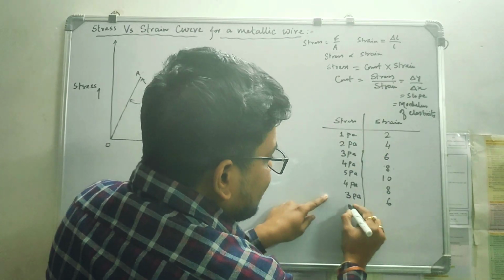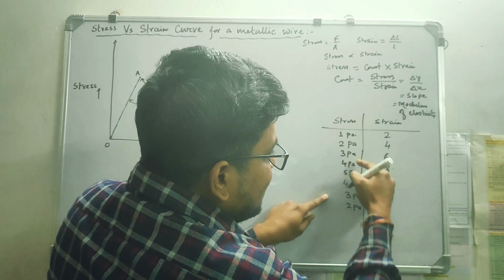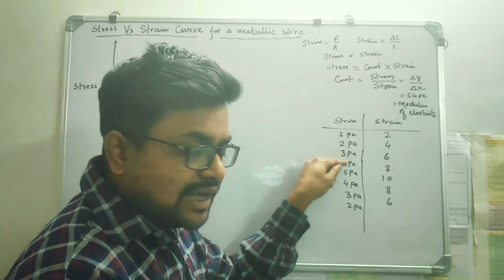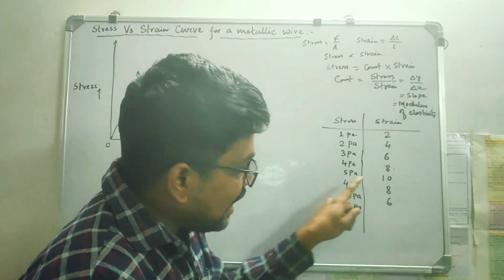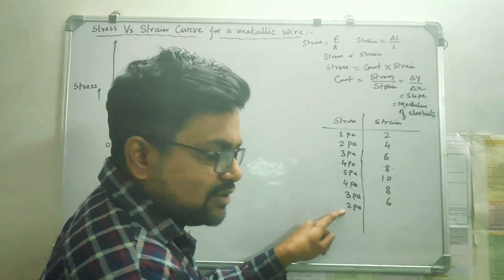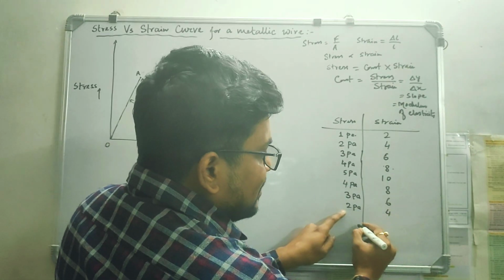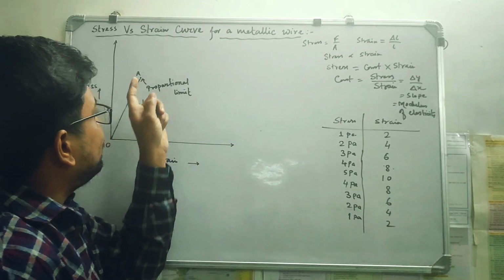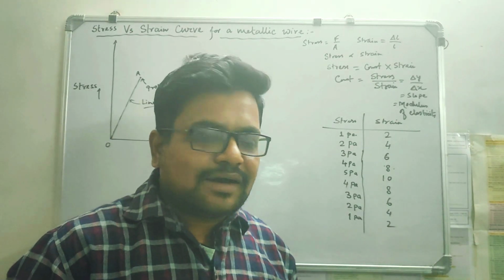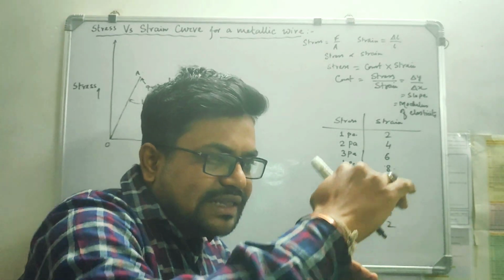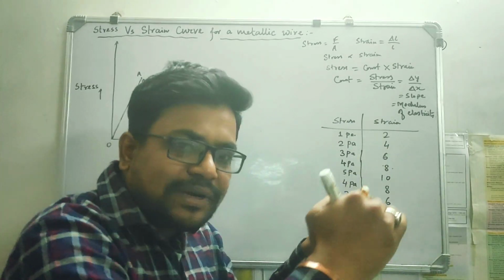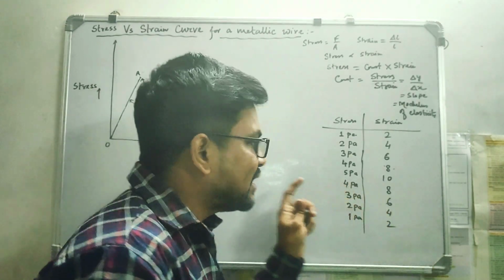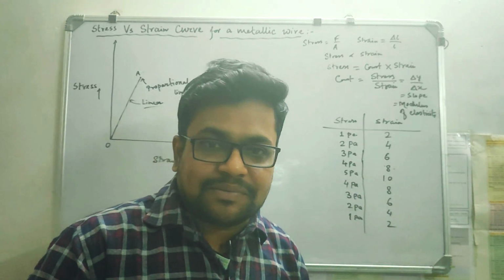Initially we gradually increased the stress and the strain increased; now we are decreasing the stress and the strain also decreases. That means up to point A, the rate of increase or decrease for stress and strain is the same. That's why the graph is a straight line.